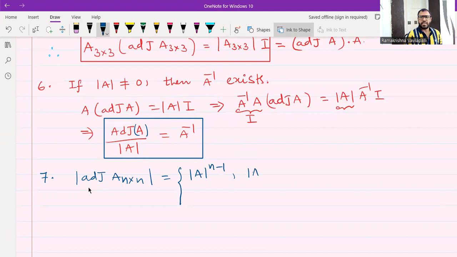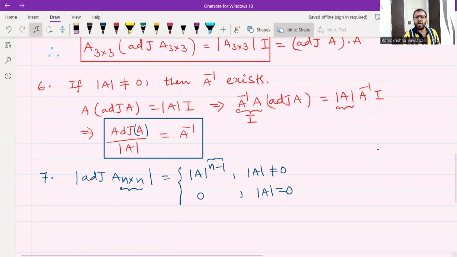Of course, here that det A not equal to 0. And it is 0 if det A equal to 0. But in any case, only while proving this result, we need these conditions, but it is always true. So here we have a order n by n. Here the power n minus 1 means 1 less than the order of given matrix. So determinant of adjoint of A equal to det A power n minus 1.